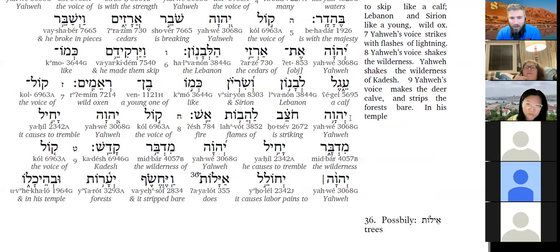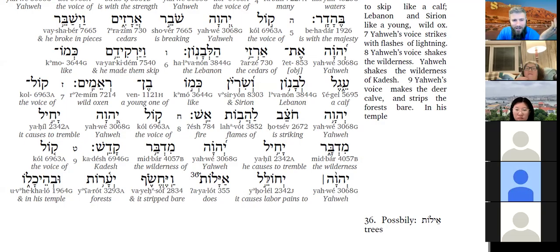let's see. Kol Adonai chotzev lavotesh, kol Adonai yachil midbar. So the voice of the Lord whirls or twirls or I don't know, trembles. Is that the right one? Midbar, the wilderness. Oh, does it cause the wilderness to tremble? Yachil Adonai midbar Kadesh. He makes the wilderness of Kadesh tremble. Kol Adonai yecholel.